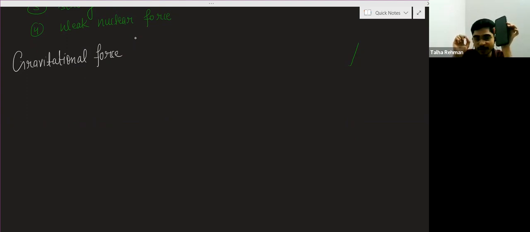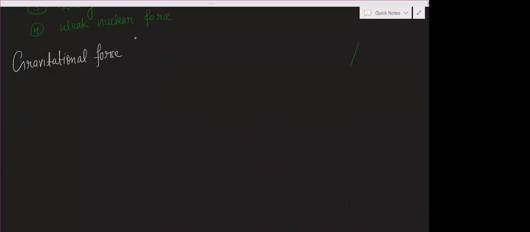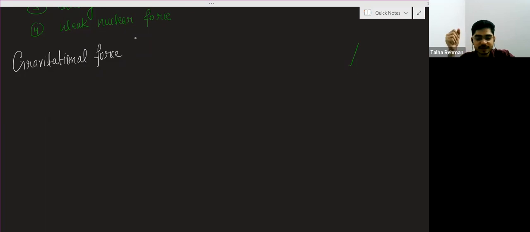According to this force, there is a force of attraction between me and this mobile phone, because I have a mass and this has a mass. In all objects there is a gravitational force due to mass.